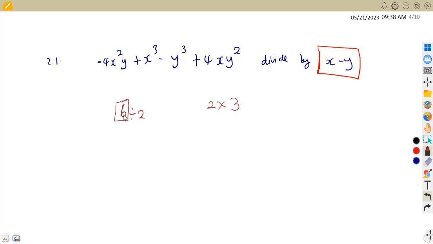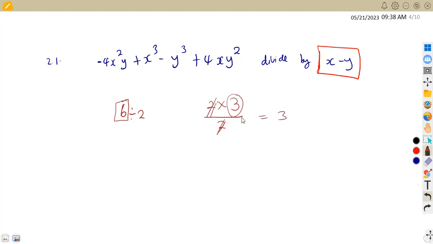So if we can expand this 6 as 2 times 3, we can simply divide again by this 2. So now 2 and 2 can cancel, meaning to say we remain with the 3.